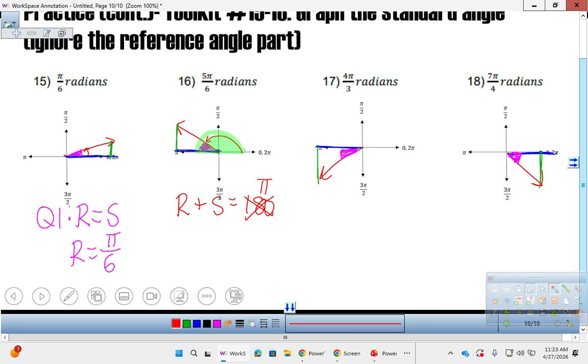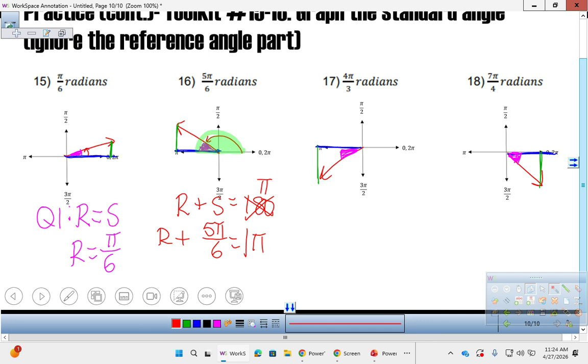So here's what I have. I have a standard angle of 5 pi over 6. I need to figure out 5/6 plus what equals 1. Ignore the pi. Solve the equation.